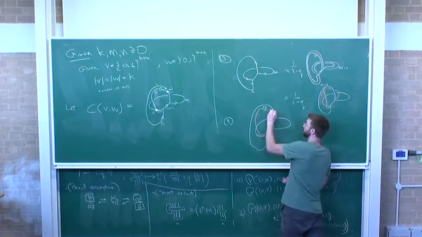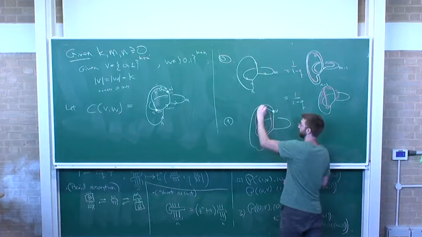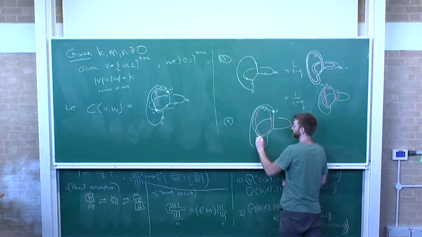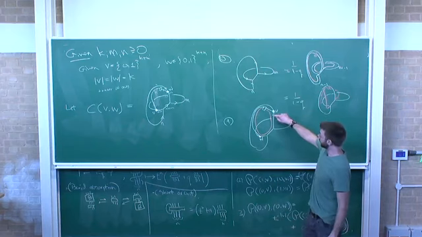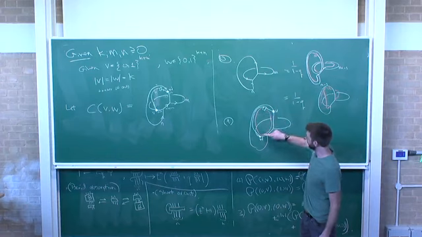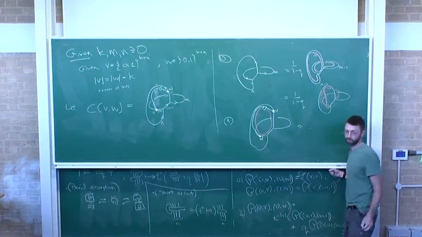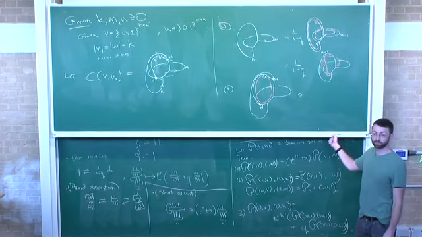And then you have, V is something interesting, and W is something interesting. But this brown strand, you see, is just a trivial loop. This is a direct application of short circuit.